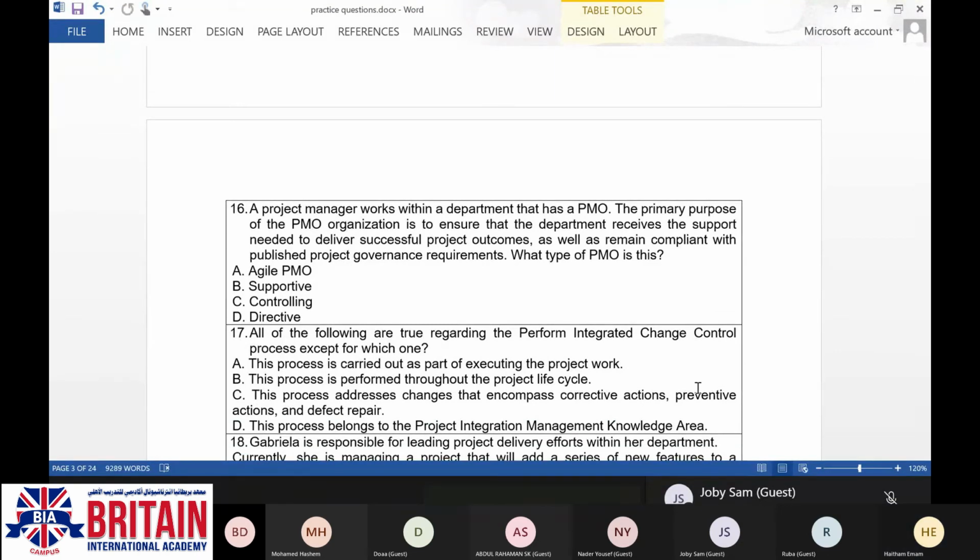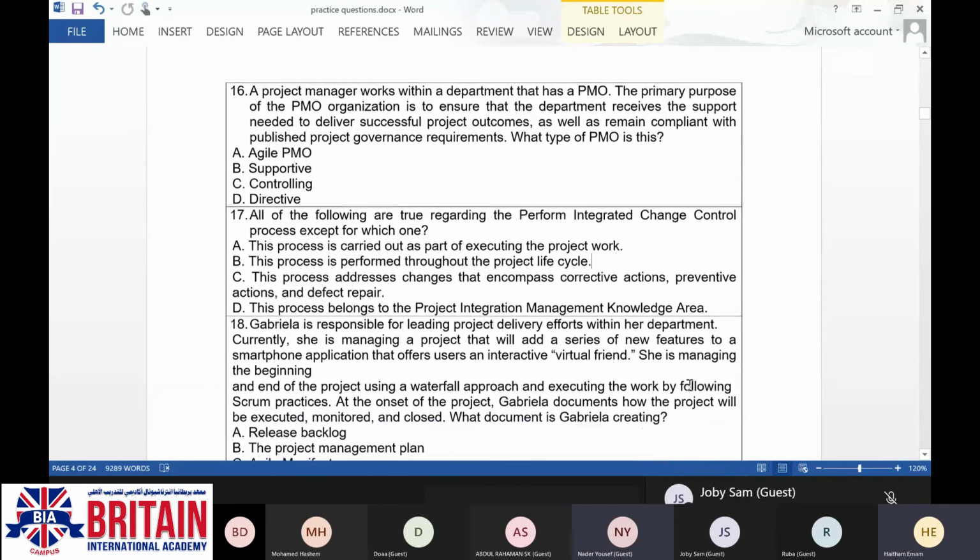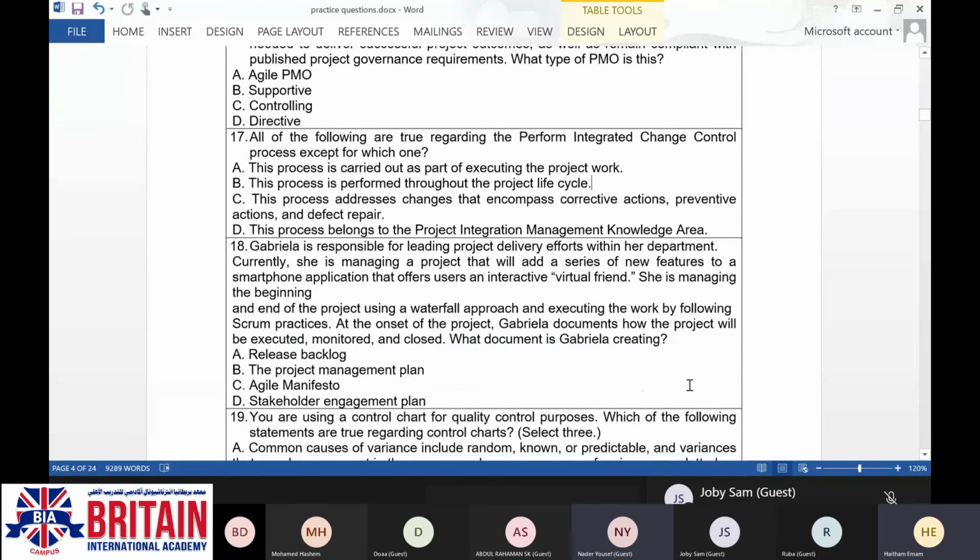Nader. Yes, Haitham. Question number 17. All of the following are true regarding the perform integrated change control process, except for which one?